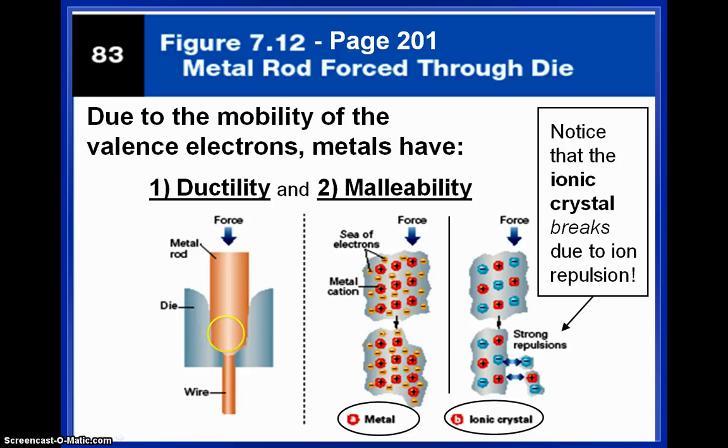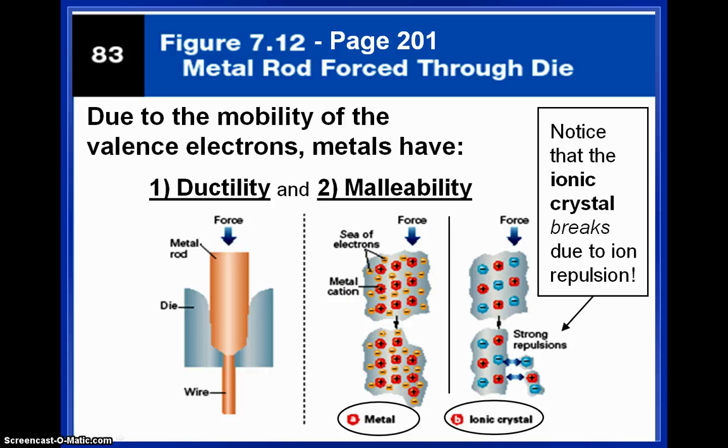Essentially you put a metal rod through it, and you can create a wire of a different size. We basically shove the metal through this opening, and we can create wire of a certain diameter. The reason is because the electrons in the atoms can kind of smush because we can move them. There's that bendability. We can push those electrons in closer to each other or past one another.